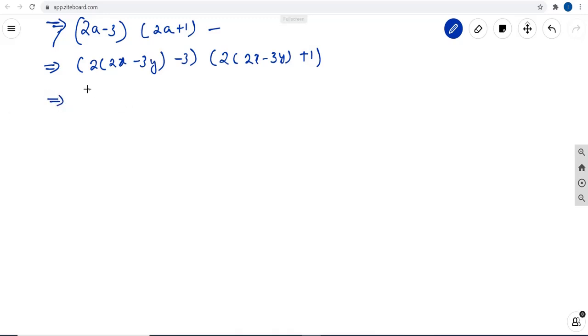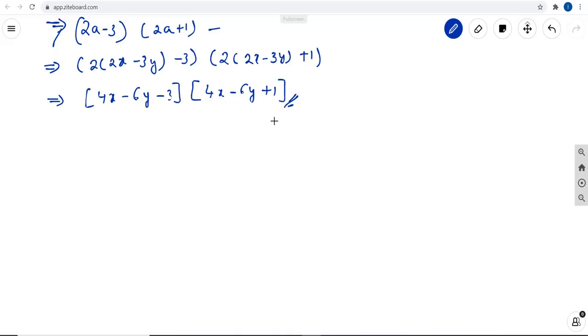So this becomes 4x minus 6y minus 3. Okay, so this is one term, and one more term you are going to get as 4x minus 6y plus 1. So these are the two terms or factors of problem number 14.